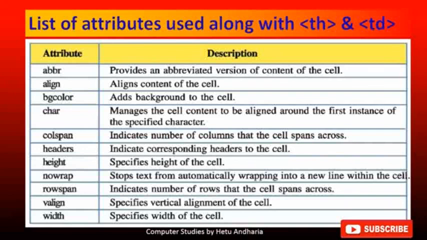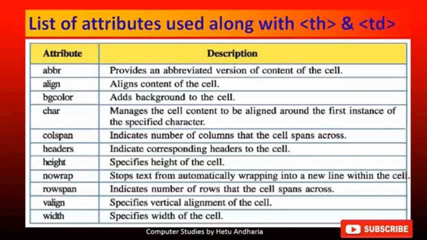Colspan, a new thing that you will be taught just now, indicates the number of columns that the cell spans across. That is, you can combine different columns using colspan, which you will be taught in practicals. Headers indicate corresponding headers to the cell. Height specifies the height of the cell, which we also used just now.